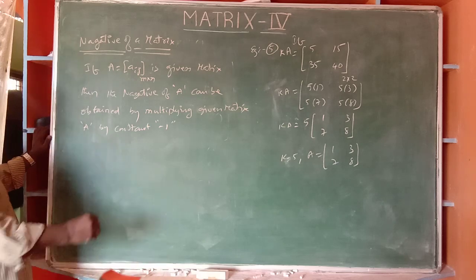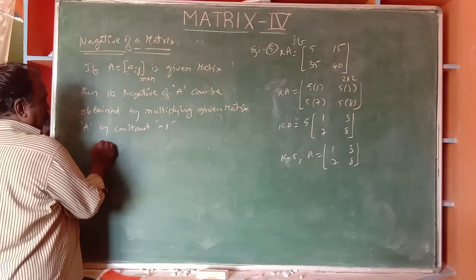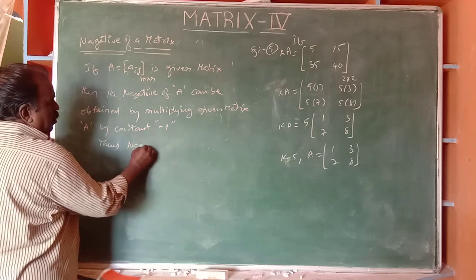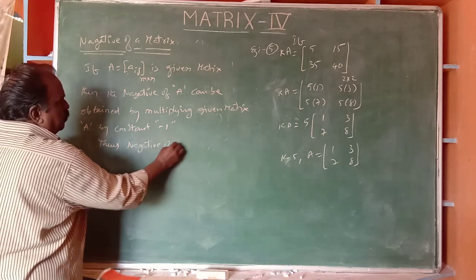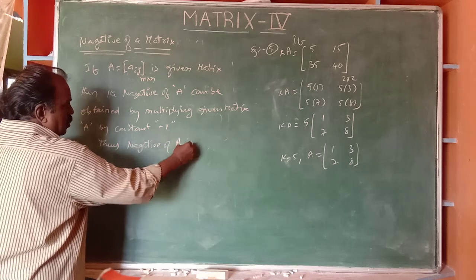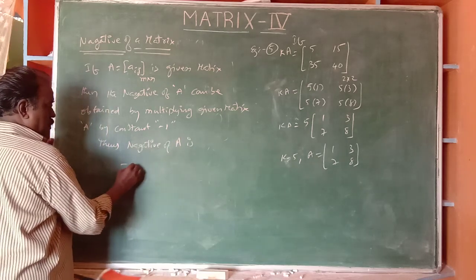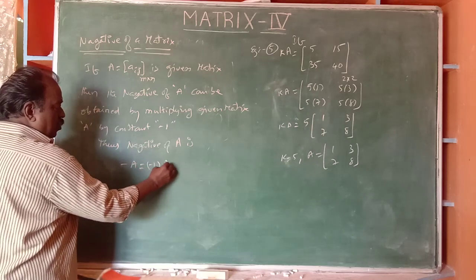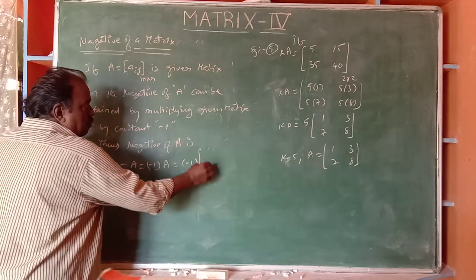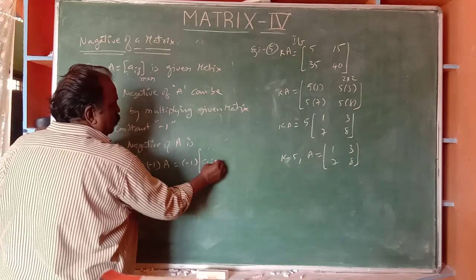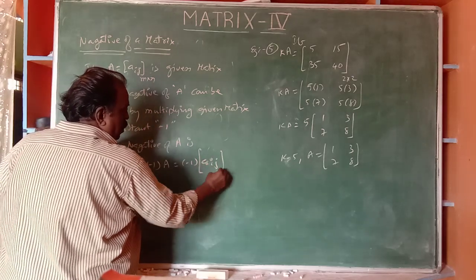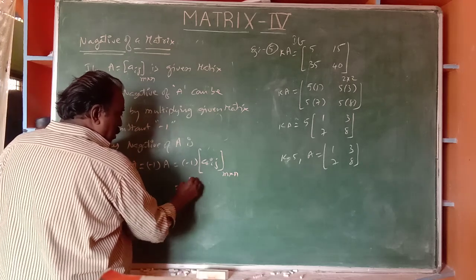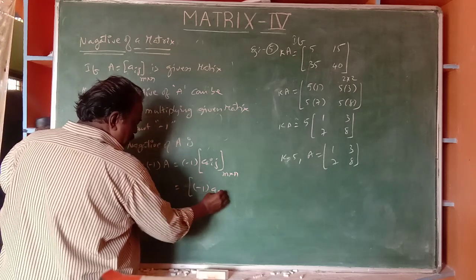You see, thus the negative of capital A is minus A, that means minus 1 into A, that is minus 1 into Aij, that is minus 1 Aij.